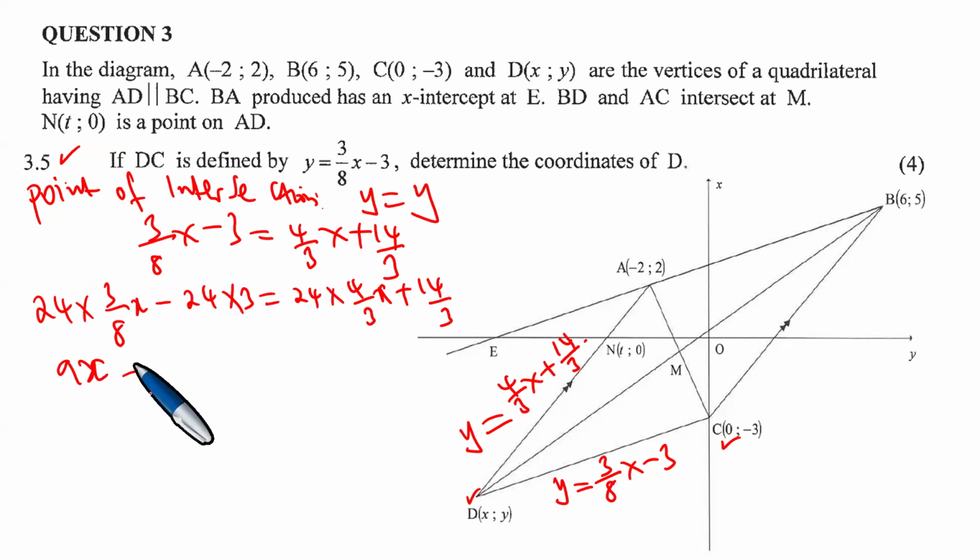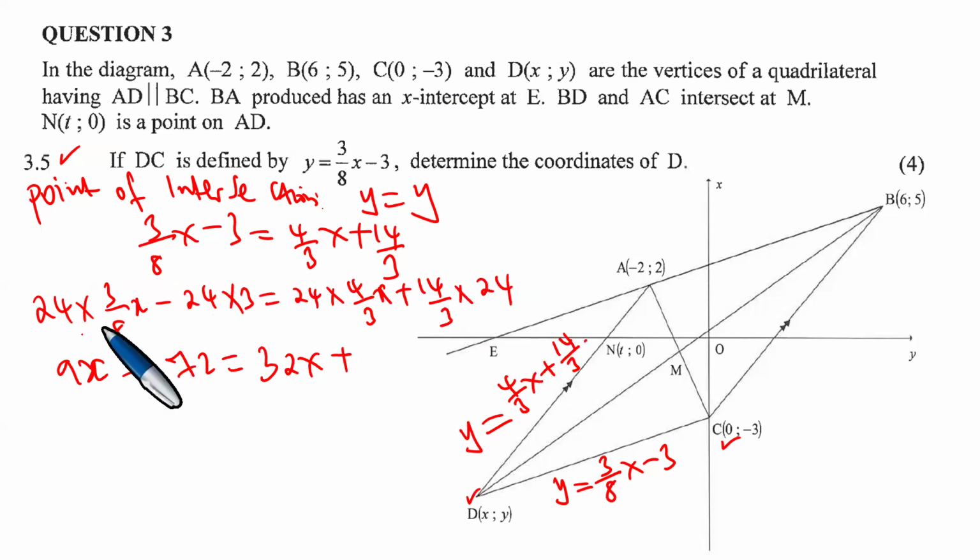Now 24 by 3 is 72. Now 3 goes how many times in 24? It goes 8 times, and 8 by 4 gives us 32x.